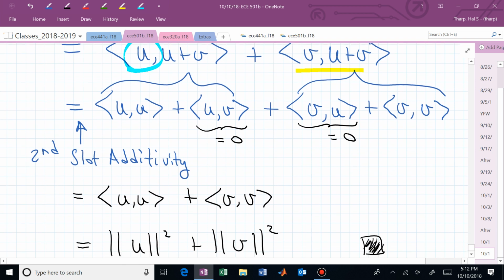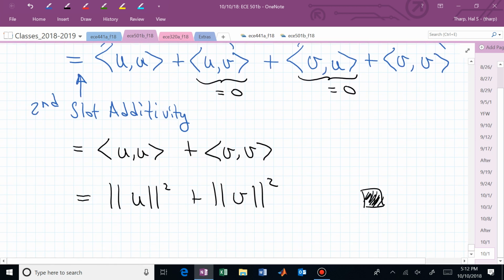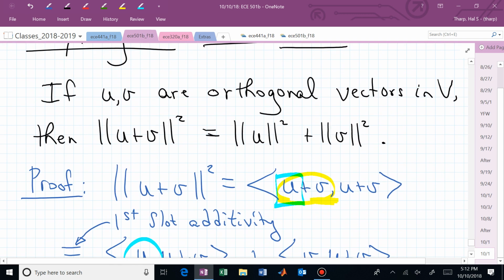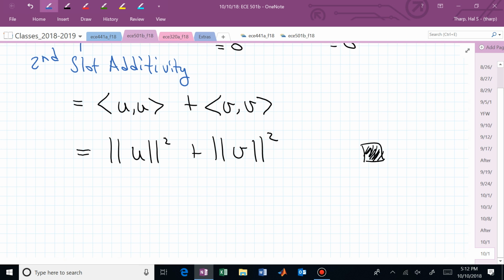And in fact, did I have to pick an inner product to show this? No, I didn't have to specify a particular inner product to prove this Pythagorean theorem. All I had to assume was that the vectors u and v were orthogonal. Then orthogonality might depend on the inner product, but that's now assumed with u and v. So let me just state that.